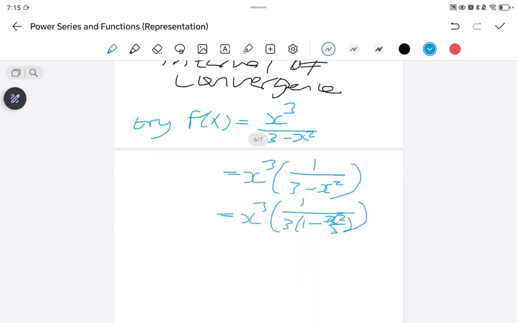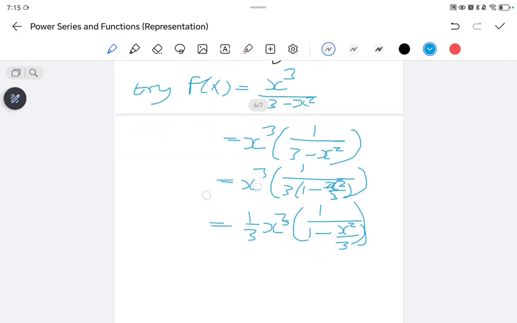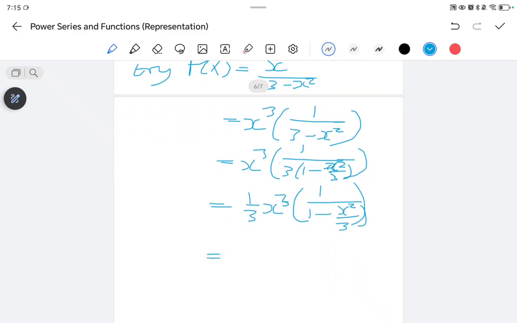And this would be x to the third times 1 over 3 times 1 over 1 minus x squared over 3. And this would be x cubed over 3 times the summation n equals 0 of x squared over 3 to the n.